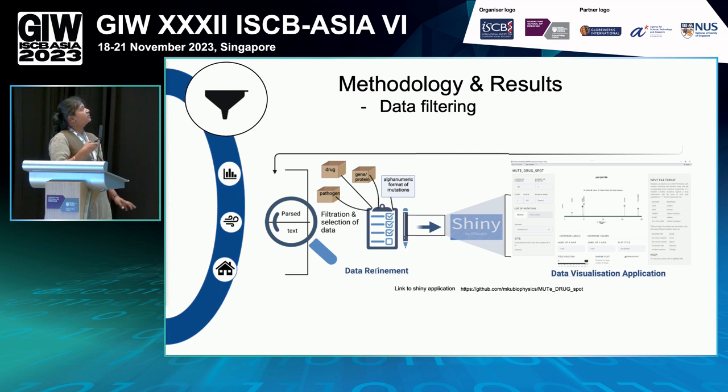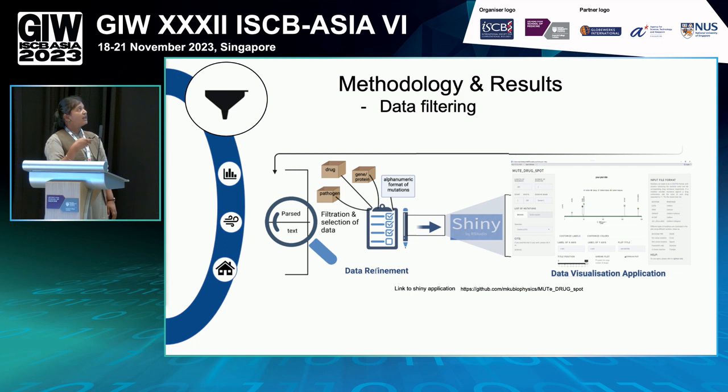And finally, we implemented it into a Shiny-based application. This application is freely available on our GitHub link. And it is very simple to use, as we heard in some of our previous talks, that Shiny applications are really easy to use, where you just have the R environment in your system, and you can log into this Shiny package.